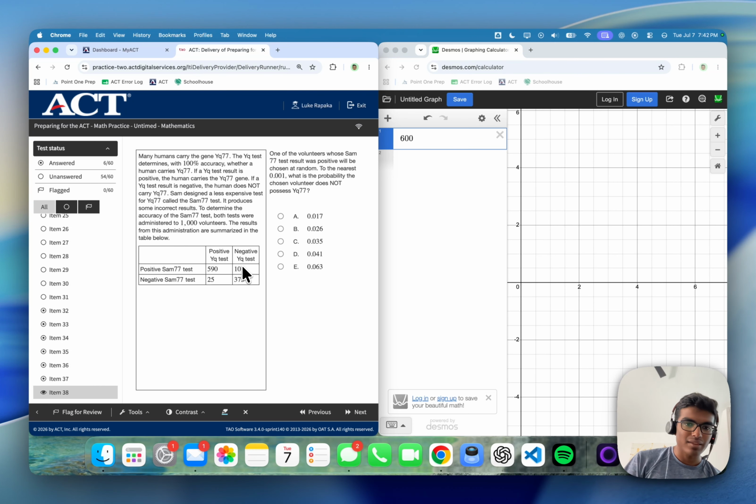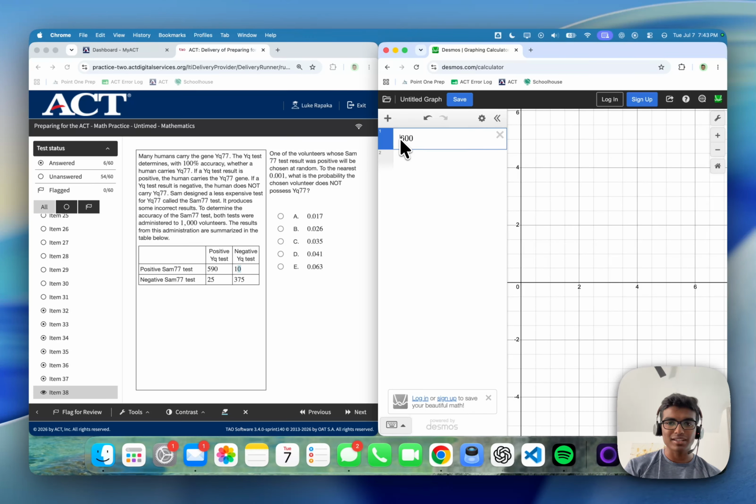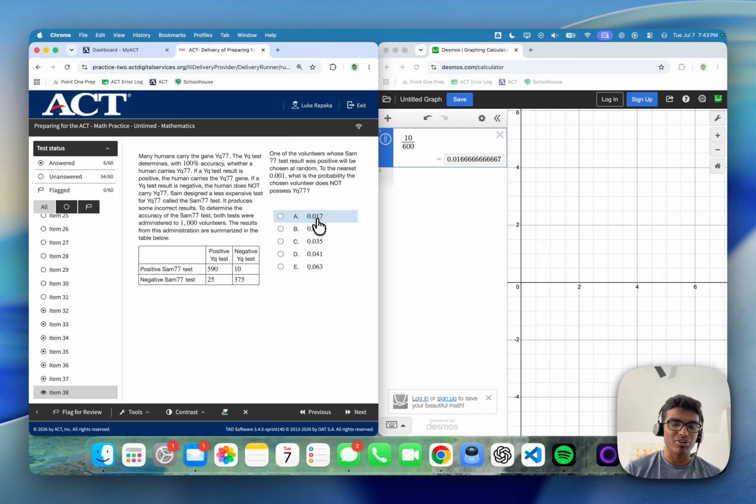Okay, so we know that they don't possess YQ77 because this test says so. So that's 10, and then I'm just going to do 10 divided by the 600. And then I get that number, which rounded is A. So that would be the correct answer.